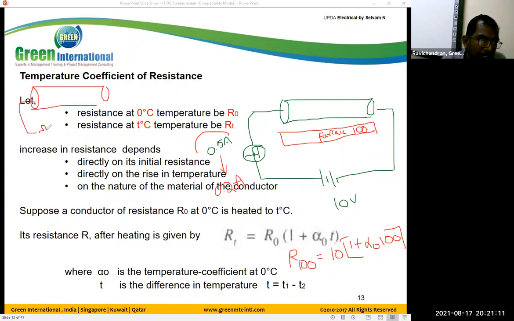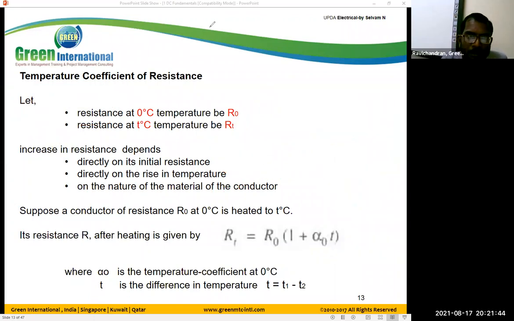By using the ohm meter, I measure the resistance value at 0 degrees Celsius, and if it is R0 equal to 10, I keep that value here. Practically we are not able to bring 0 degrees Celsius, so that is why it is the data sheet value. Now you understand this one. Now we come to mathematics.